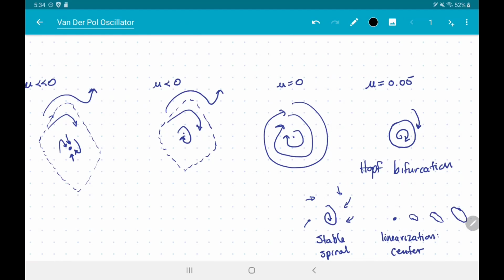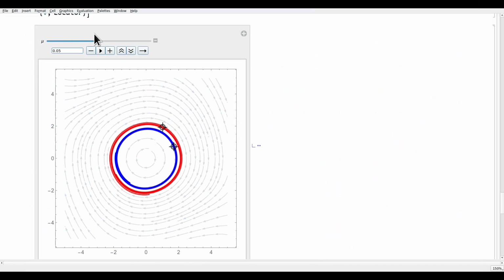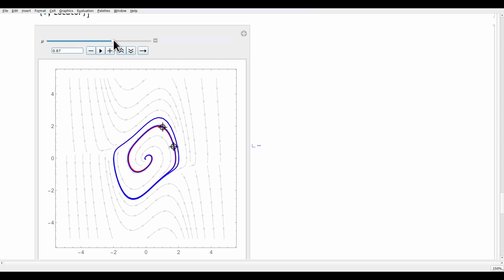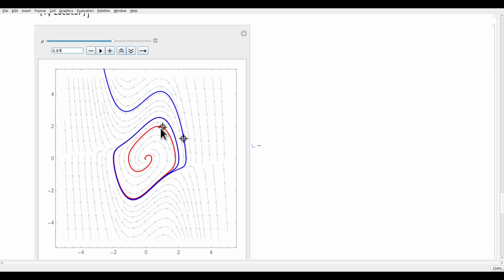One last picture. Let me show you what happens if we increase mu further. So there is the stable limit cycle. It's gotten kind of lopsided.